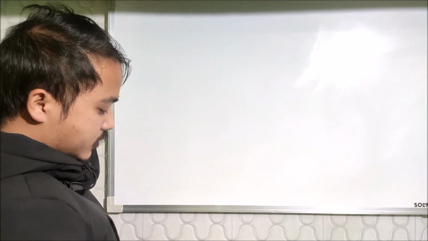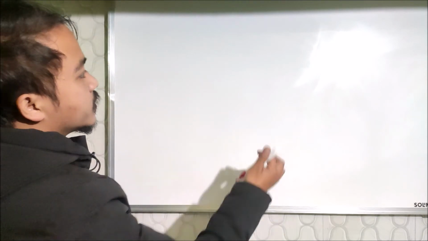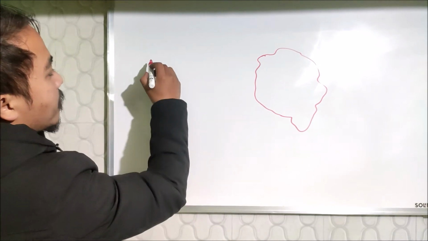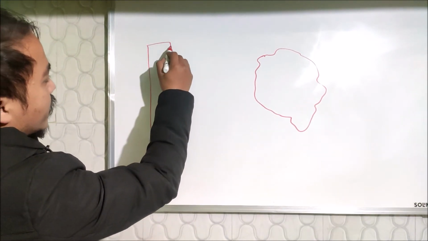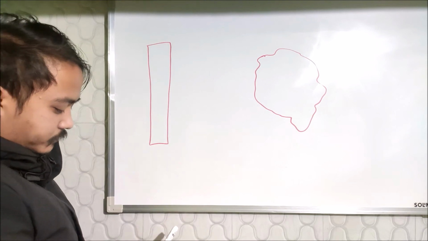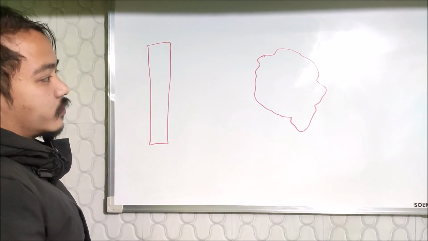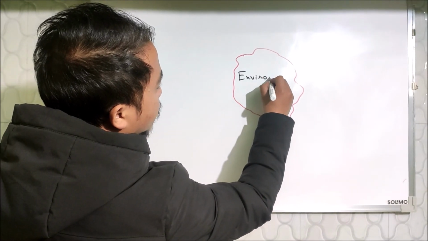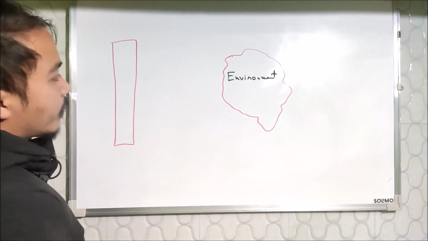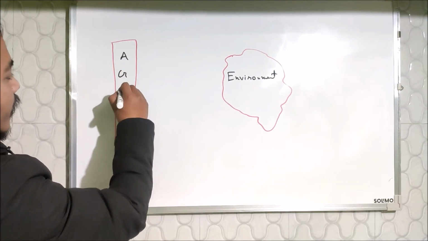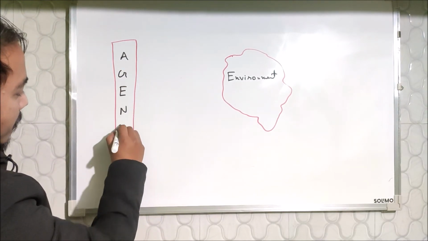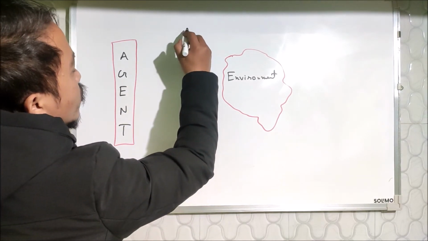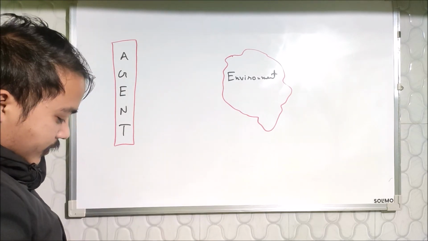Let's say this is an environment and this is an agent. How does it work?